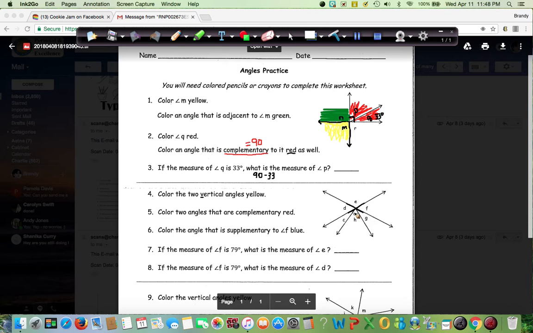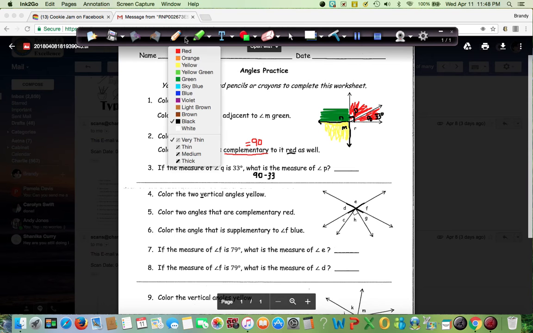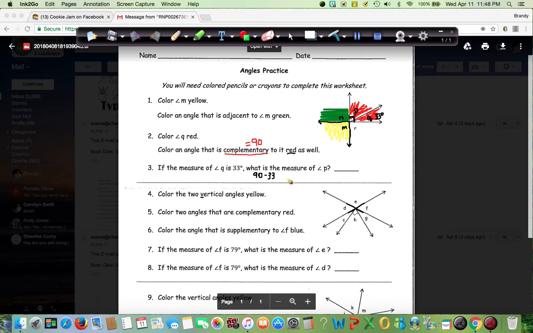So D and F look like the only two that would be kissing. A little smooching going on. So we're going to color those yellow. I'm going to just do a little bit so that you can see. Okay, so D and F are going to be yellow.